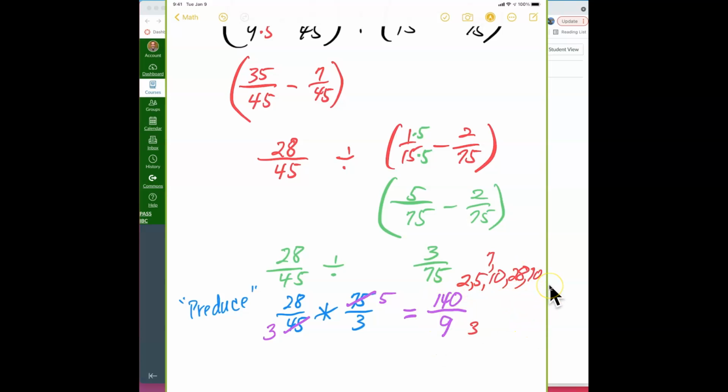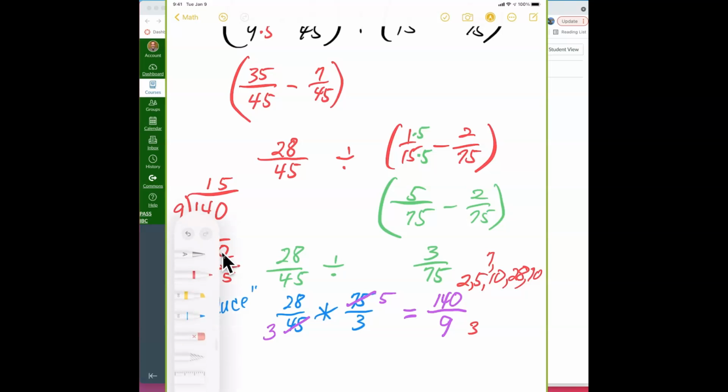What we're going to do is divide. I'm going to do this over here so it'll all fit on one screen. 140 divided by 9. And we'll take this improper fraction and turn it into a mixed number up here. 9 goes into 14 once. 1 times 9 is 9, leaving 5. And 9 goes into 50 5 times, which is 45, leaving 5.